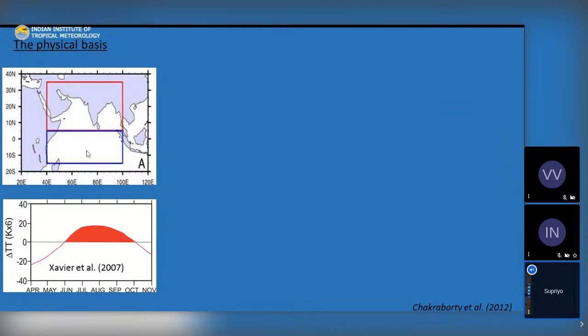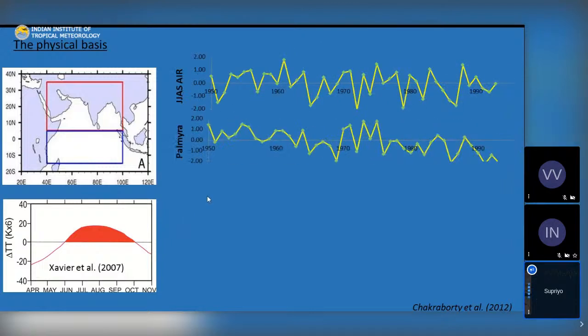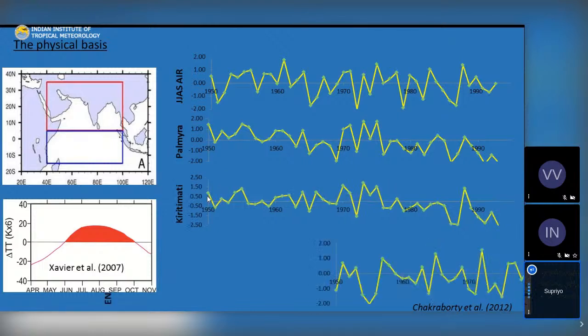So when this temperature gradient is high, when it is positive, which happens during the summer monsoon season, then using this concept, the delta 18O of corals growing in the Pacific region could be used to reconstruct the summer monsoon rainfall in India.